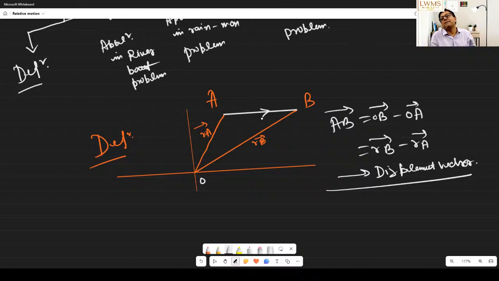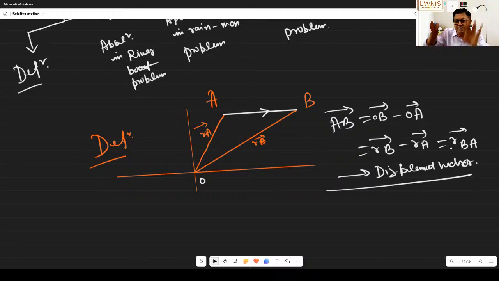That will be given by VAB or VBA. Which one is true? AB is the displacement vector, position of B minus position of A. Actually, we have denoted this thing by RBA. There is no contradiction. It is AB vector, but symbolically, it is RBA.